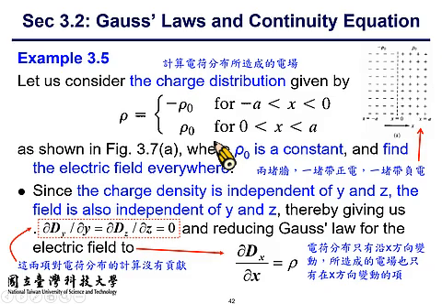according to the problem geometry, the electrical field established by these two charge walls ends up with the electrical field in which direction? In the x direction, right? In the x direction.